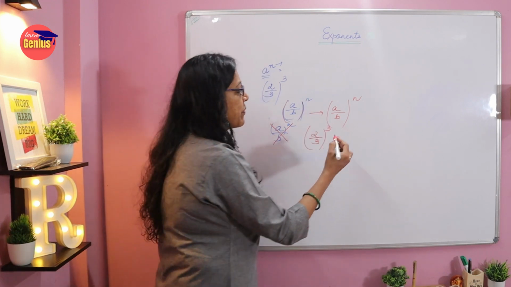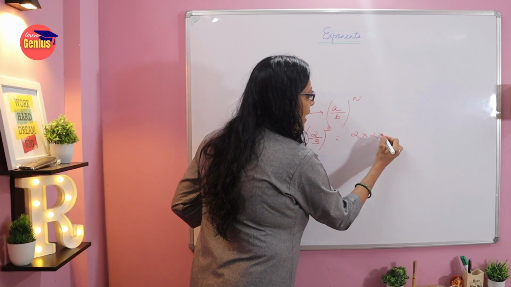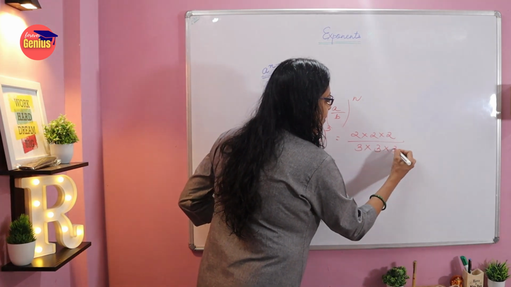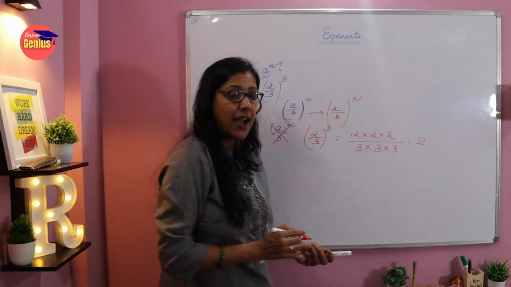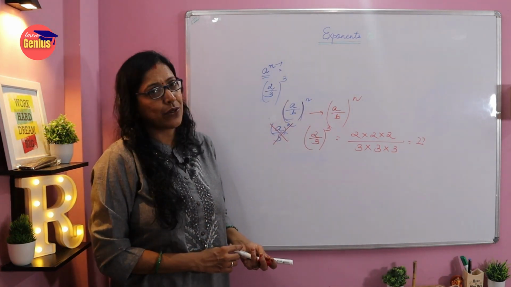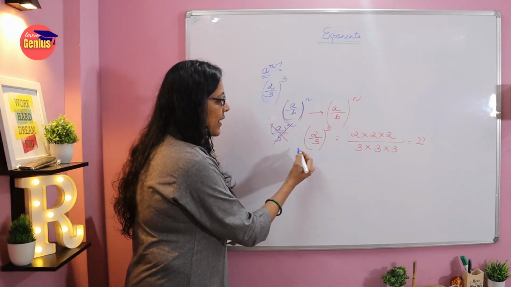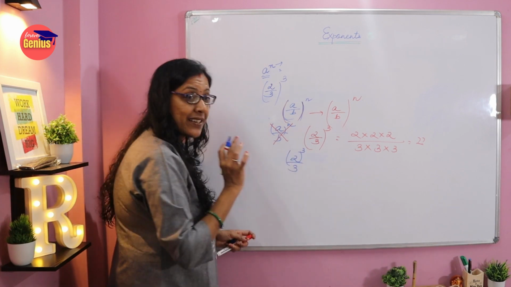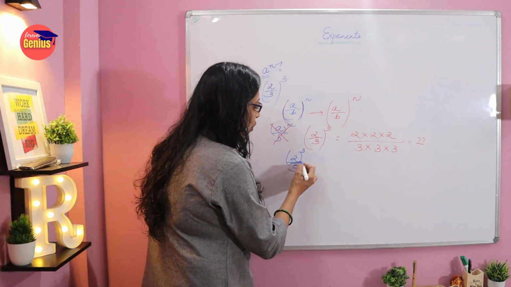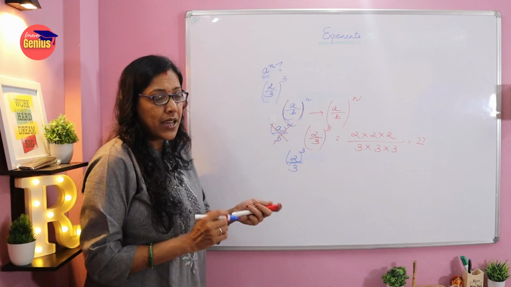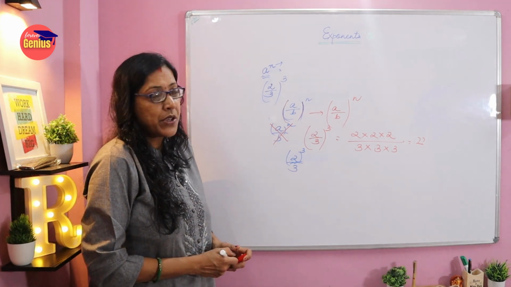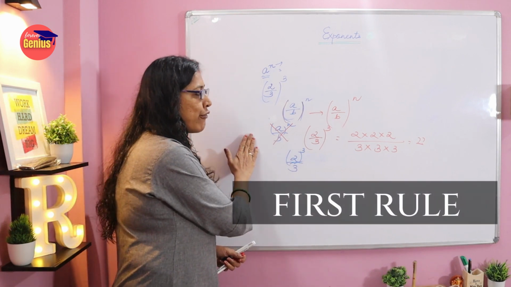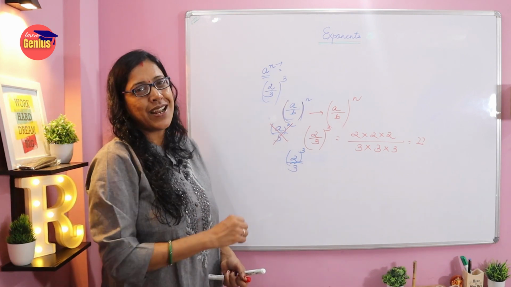It means 2 is multiplied 3 times and 3 is also multiplied 3 times, and after multiplying we will get the answer of this particular equation. So we can never write it like 2 by 3^3 without brackets, because it means that only 2 is multiplied 3 times, not the denominator. So in exponents it will be equal.